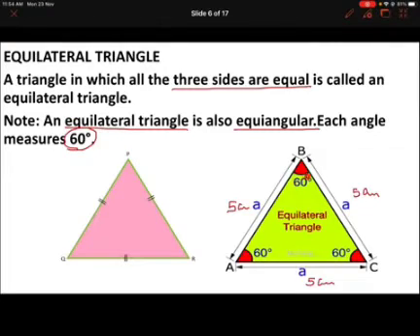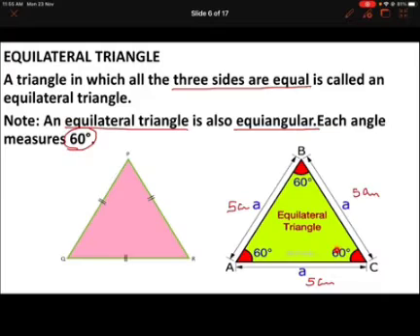Also, you can see he has mentioned the angles. This angle is 60 degrees. Angle A is also 60 degrees. Angle C is also 60 degrees. What does it mean? If you add 60 plus 60 plus 60, the sum is 180 degrees.